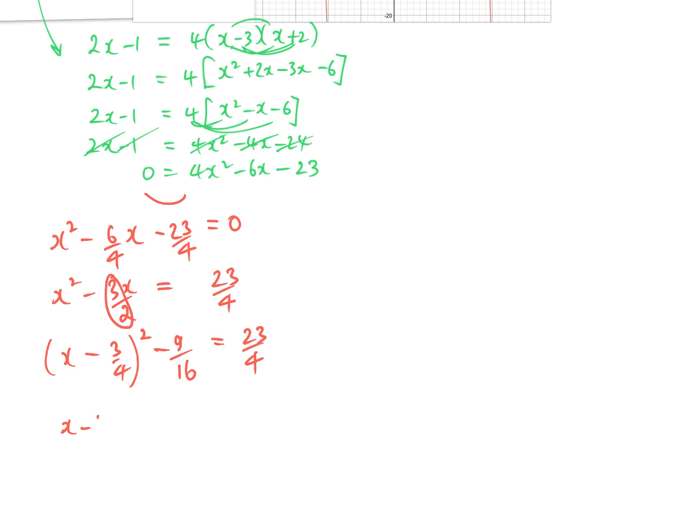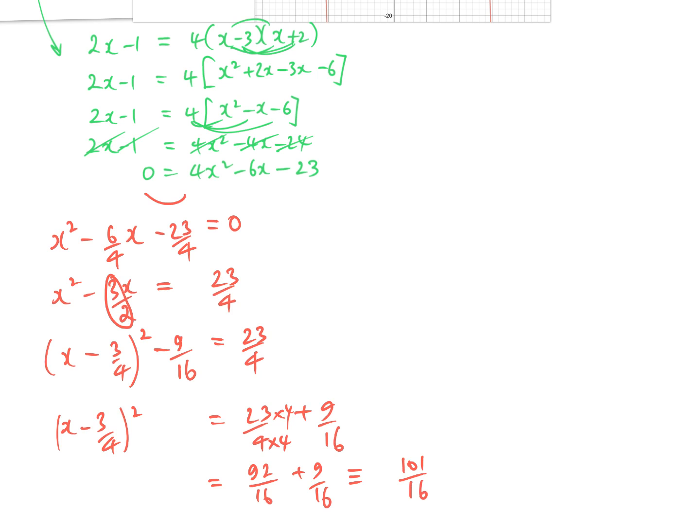And then we've got x minus 3 quarters all squared is 23 quarters plus 9/16. Now if I want to get this in quarters, then I'm going to have 92/16 plus 9/16. Of course you can use calculators whenever you want, so that's 101/16. So what have I got then?